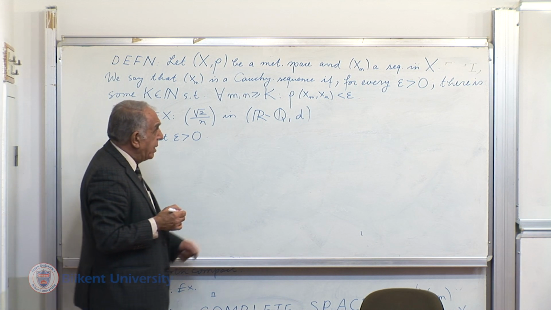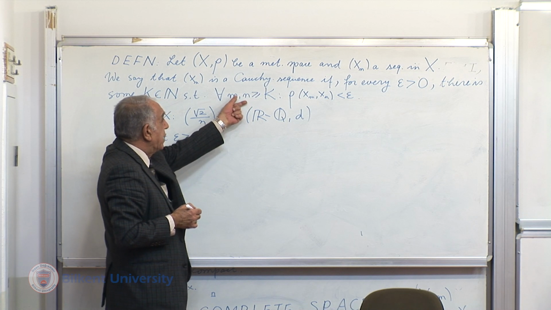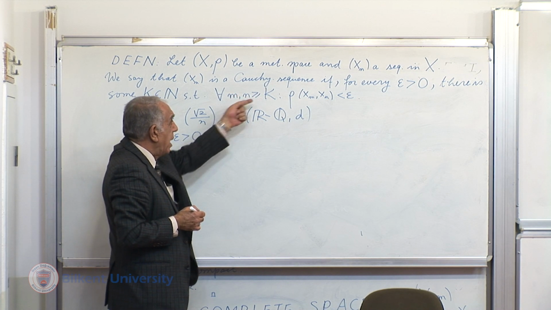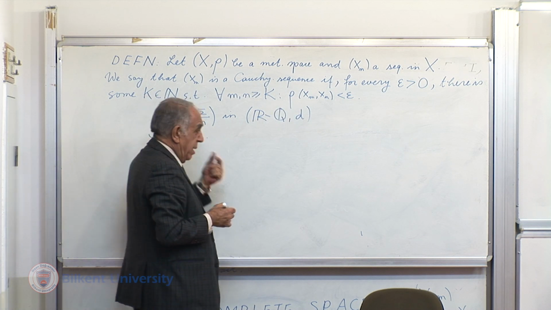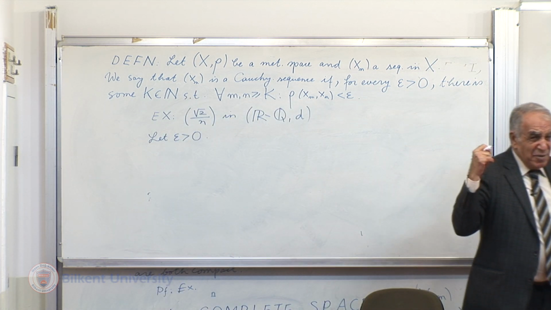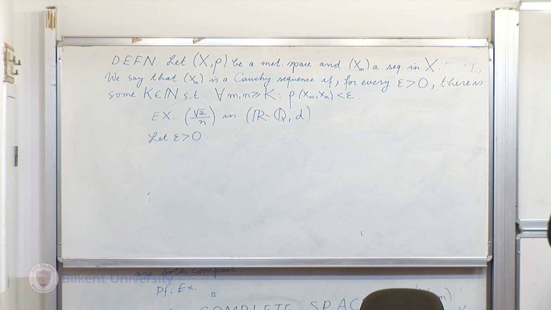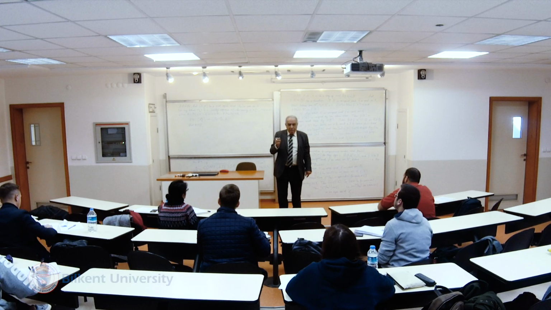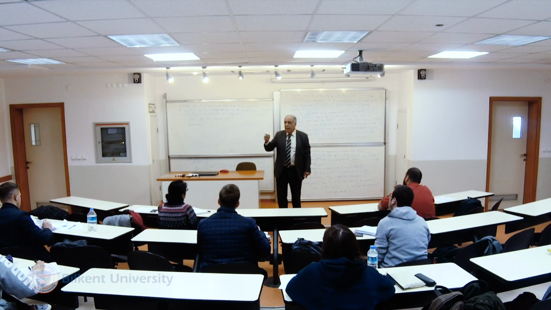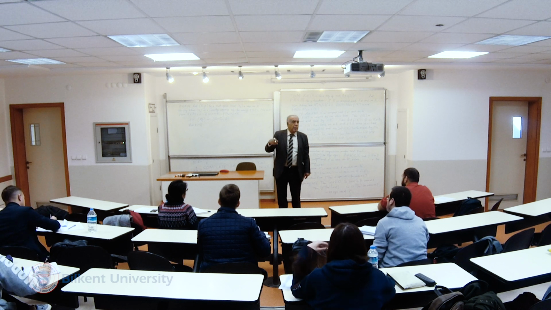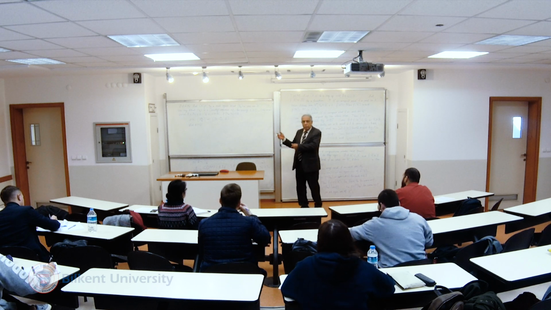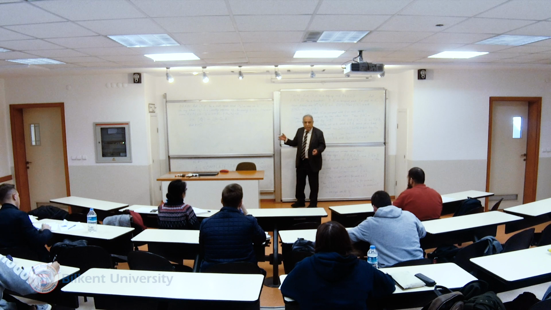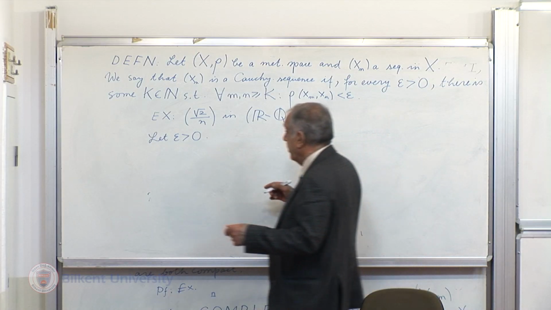Now we need to find some k such that no matter what two naturals I take, larger than or equal to that, this should be the case. But here the idea is, we know this converges to 0 in R_d. What does that mean? Well, that becomes arbitrarily small. So given any epsilon, I can find a large enough k such that square root of 2 over k is less than epsilon. This is also referred to as the so-called Archimedean property of real numbers, but okay.